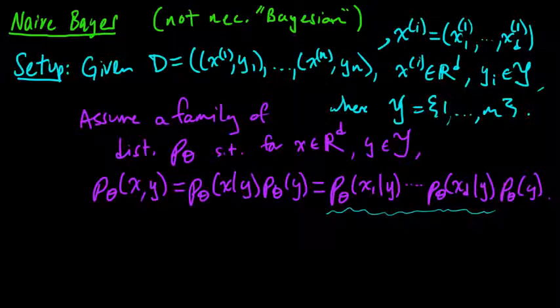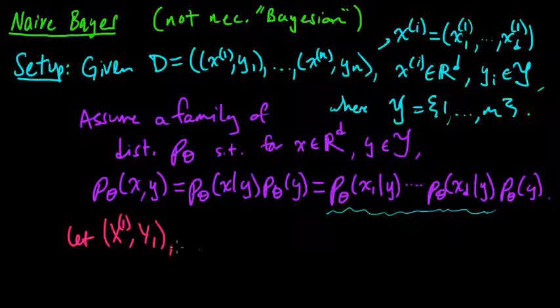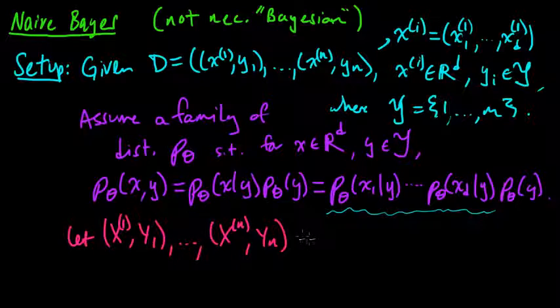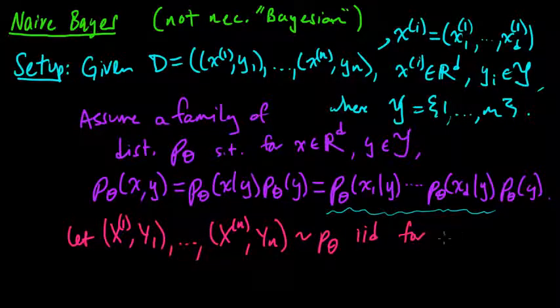Okay, so we assume this family of distributions, and now we're going to model our data. So we'll let x(1), y(1), up to x(n), y(n), these pairs, we assume that these are distributed according to this joint distribution p theta, and they're iid.